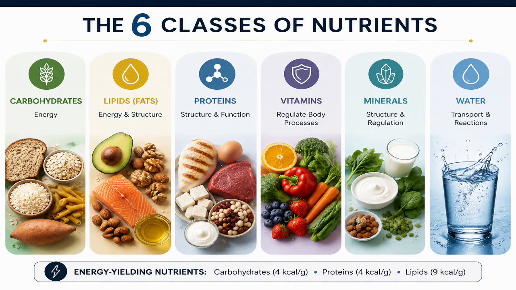For example, vitamin C. Humans can't synthesize the vitamin C that we need, so foods like citrus fruits, strawberries, and even peppers, we have to rely on those things to supply it. And as we move through this semester, we'll take these broad categories apart and look at what individual nutrients actually do in the body.